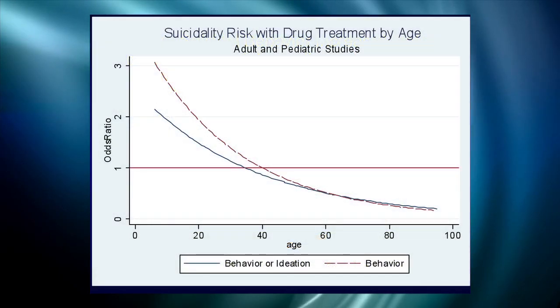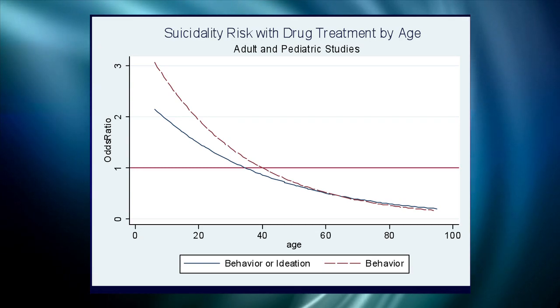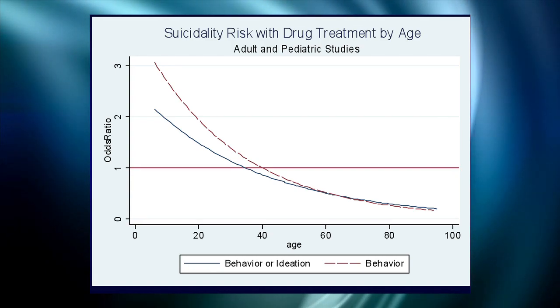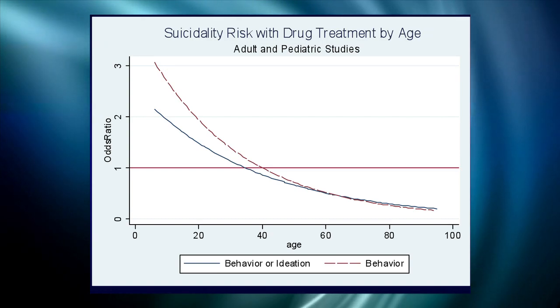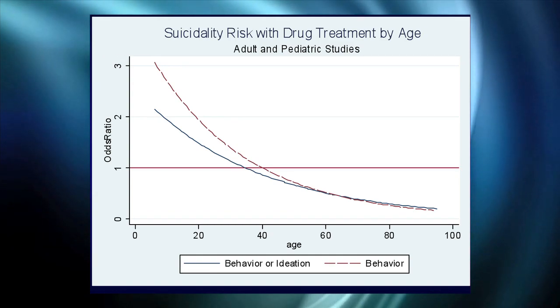The second thing that's really kind of interesting is this slide. And this slide basically says there really is a difference between children and adults in this business about suicidality. Whether you look at behavior, and we're looking, by the way, at behavior or ideation, not people jumping off cliffs or anything. But still, it's disturbing when your kid says, I want to kill myself or whatever. So I'm not trivializing.